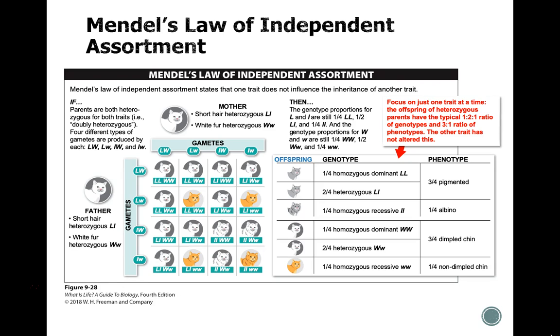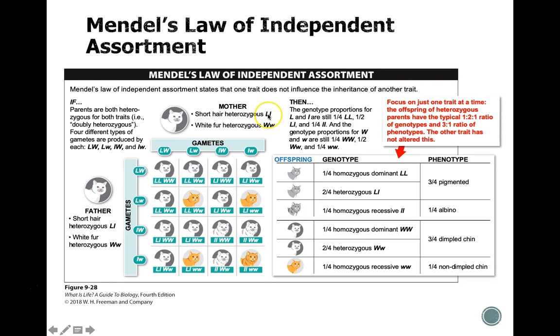Just like our other Punnett squares, we're going to start out with a table of gametes. If both of our parents are big L, little l, big W, little w, we are going to make that cross. You start by making all the possible combinations of gametes that parent could make. If the mother has short hair and white fur, but is heterozygous, she is big L, little l, big W, little w.